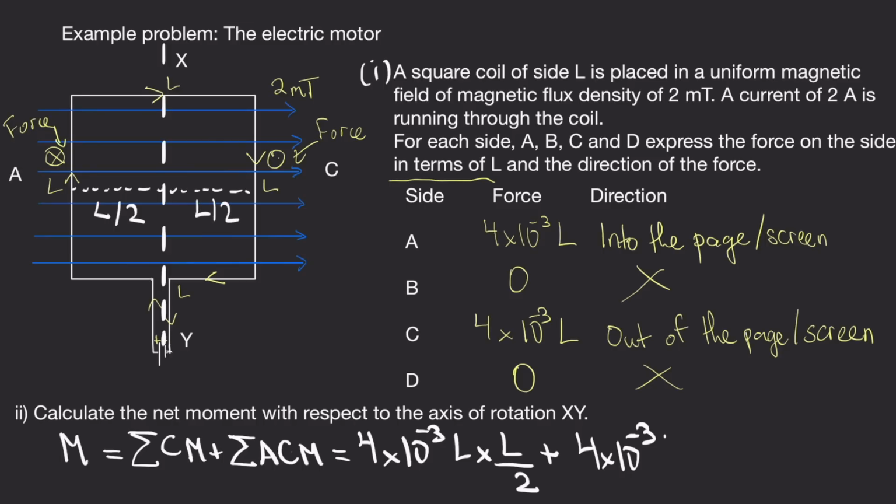So it's going to be 4 times 10 to the power of minus 3 L times L over 2. Adding those up, we are just going to get 4 times 10 to the power of minus 3 L squared. In a way, this here is a general result that the net moment with respect to this axis of rotation is proportional to the square of the side of the coil for a square coil.